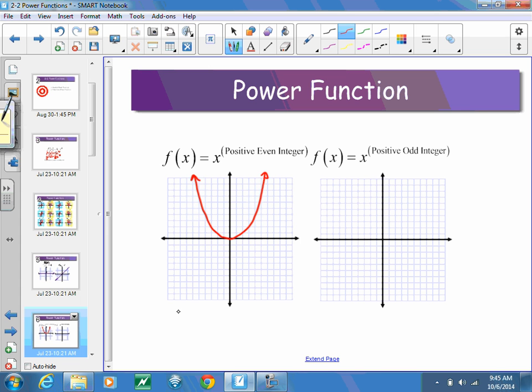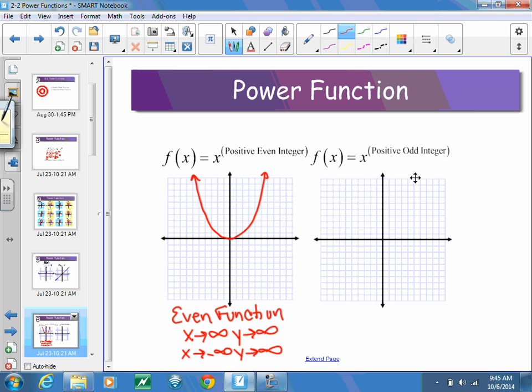Now with this parabola here, this is telling us that we have an even function because it does have y-axis symmetry. And as I start looking at the end behavior, which is going to become very important to us in a little bit here, as x goes to infinity, our value of y is also going towards positive infinity. As x goes towards negative infinity, our value of y is also going towards positive infinity. So that's for a positive even integer for an exponent.